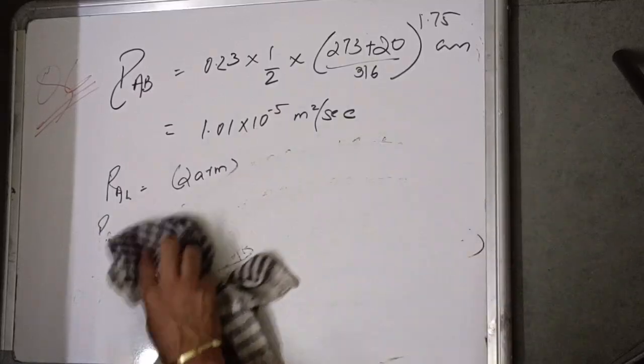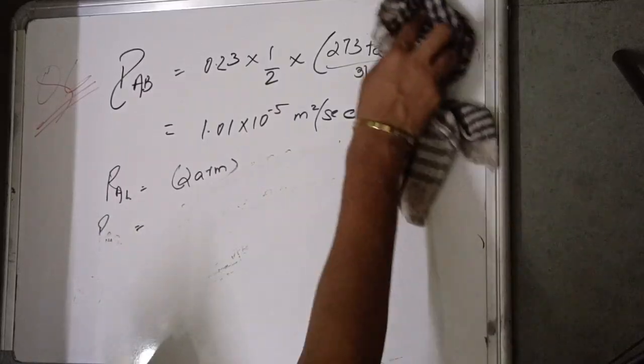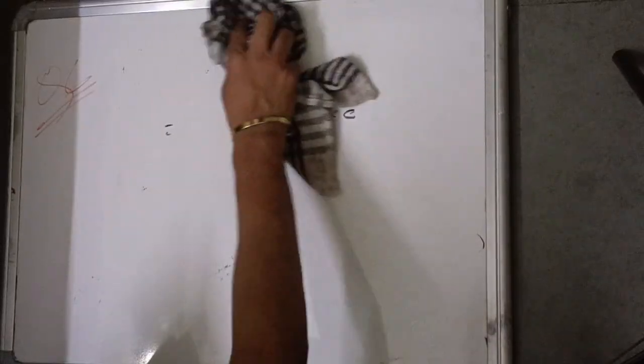Next is part B. Part B states the transfer of N2 from vessel 1 to vessel 2, which means we have to calculate the rate of transfer of N2.